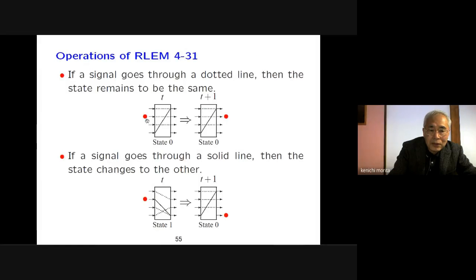Therefore, if an input particle goes through a dotted line, then the state is kept unchanged. But if an input particle goes through a solid line, then the state changes to the other.